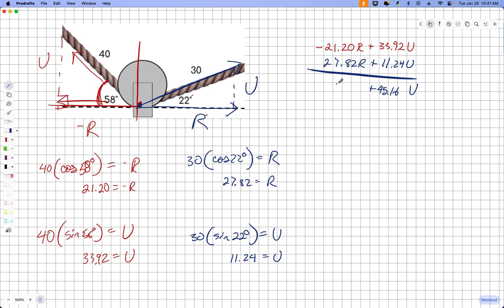That's going to give us a positive 6.62 to the right. So that is our resultant force. It's exactly the same thing that we've done before, except now we're applying a direction that is going to affect our positive or negativeness, right?